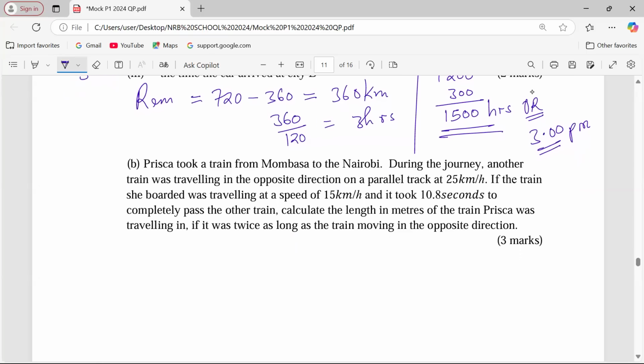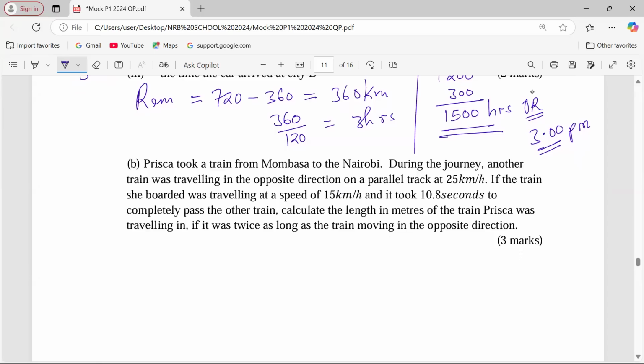Part B, Priska took a train from Mombasa to Nairobi. During the journey, another train was traveling in the opposite direction on a parallel track at a speed of 25 kilometers per hour.